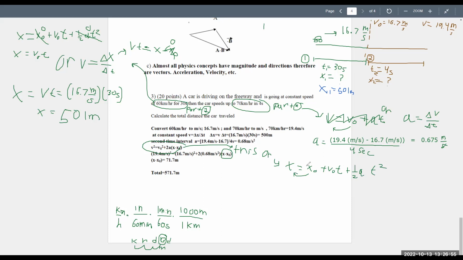So that way you get the delta X there. So I'll do it this way. So you see delta X.